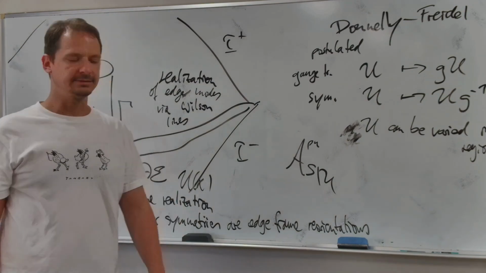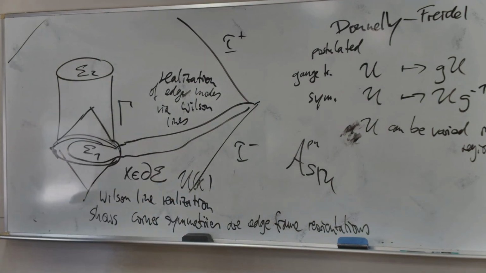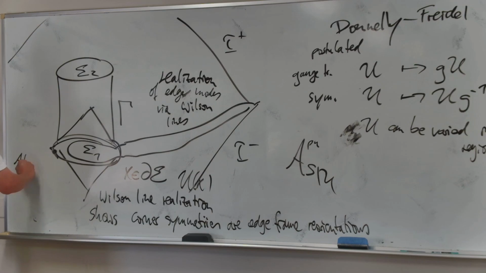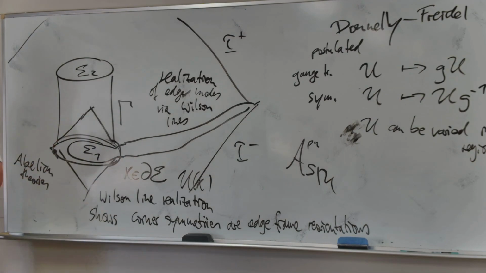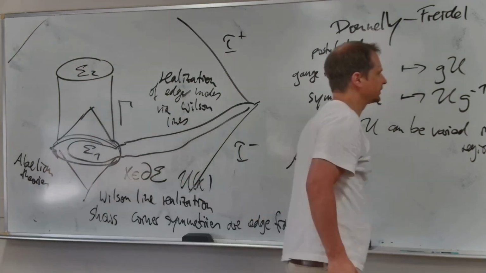And in fact, in an Abelian theory, you can also do, for instance, the Hodge decomposition of the connection on the corner. It's a closed compact manifold. The Hodge decomposition will give a unique splitting. So maybe I'll write that here.